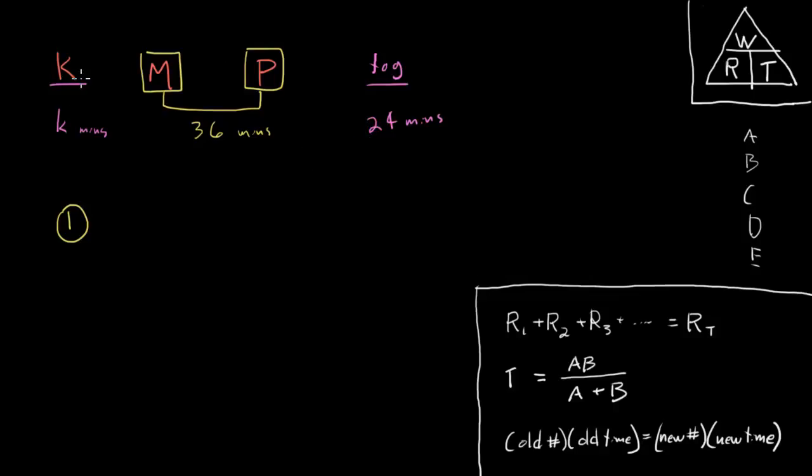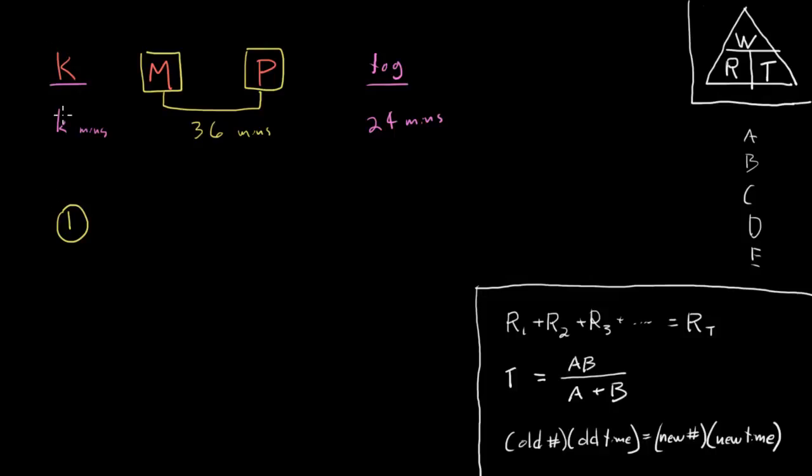There's only going to be one possible rate out there, one specific rate to bring us down that specific amount. And really, that's enough right there to call statement number one sufficient. We know there's only going to be one rate that makes these numbers work exactly, and therefore there's only going to be one possible answer for the time it would take K to do the job, and we could just stop right there and call statement number one sufficient.